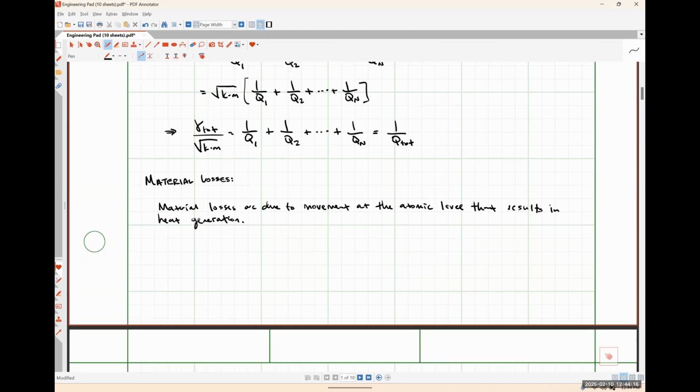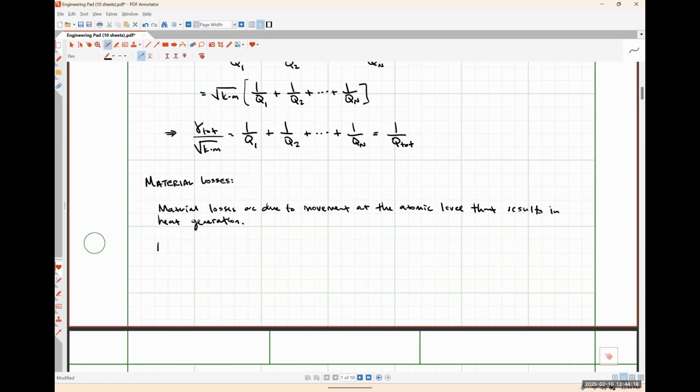So material losses are going to be dependent on the temperature, vibrational frequency, and amplitude, and the vibrational mode of the structure.